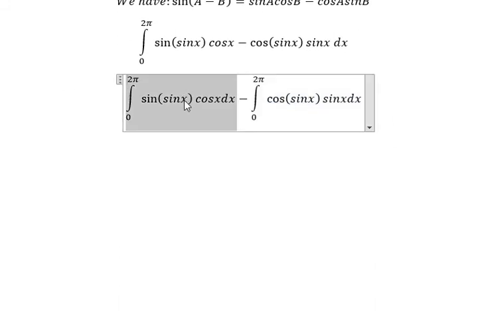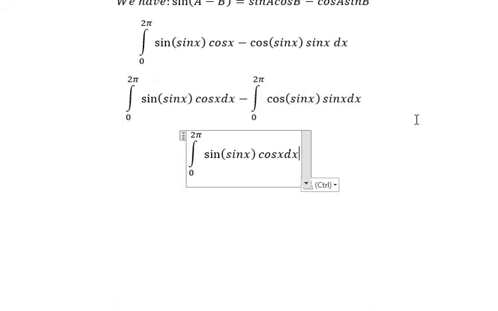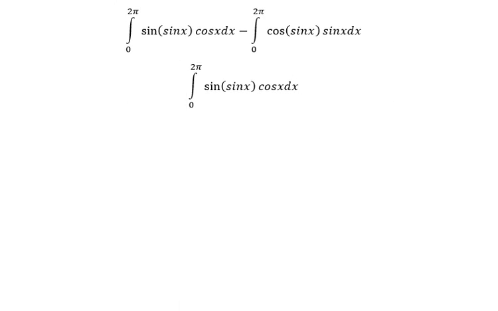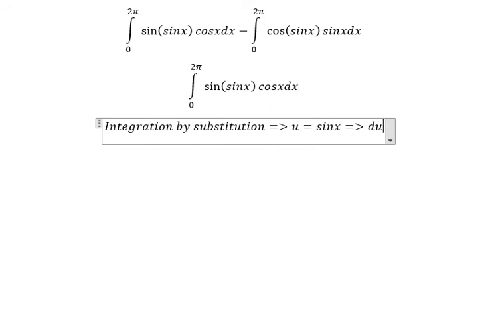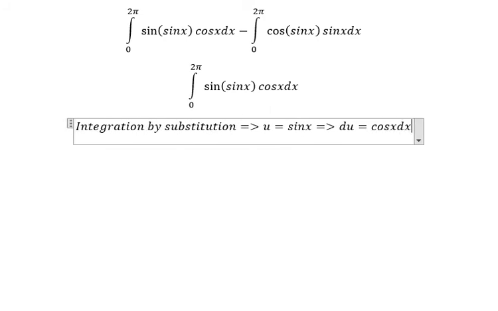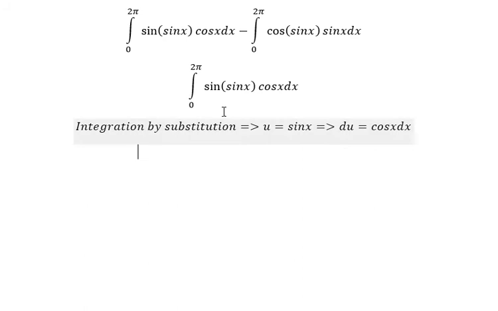For the first one, we need to use integration by substitution. So we put u equal to sin x, du equals cosine x dx. Now we need to change the values 0 and 2π. If x equals 0, then u equals 0.